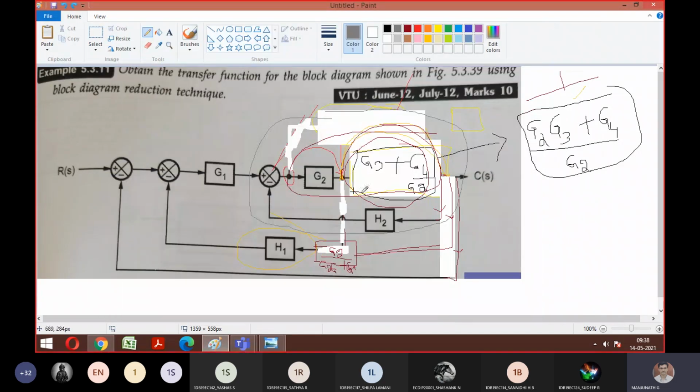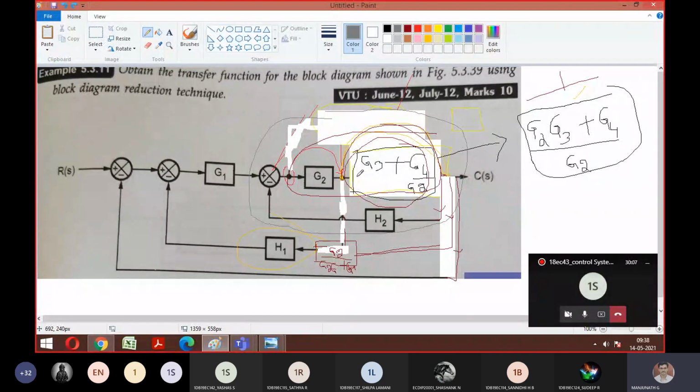See, if you know the steps and reduction technique rules, then easily you can score 10 marks, guys. So by seeing the problem, you just go with the plan we made, check out the forward paths, feedback paths, then go with the plan. What can be the first step, what can be the second step, then you implement them one by one.